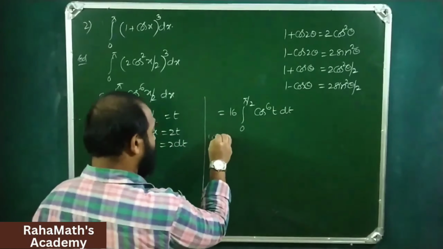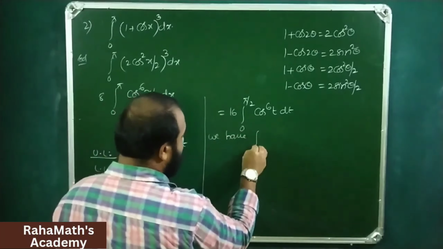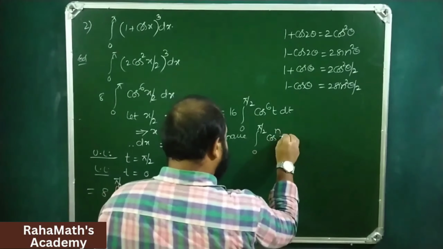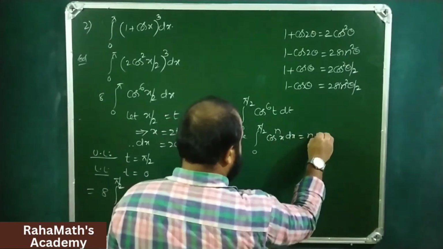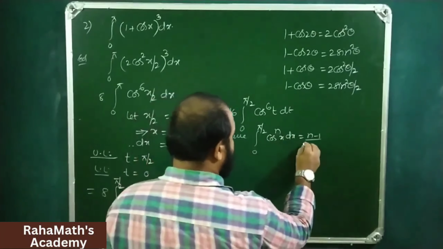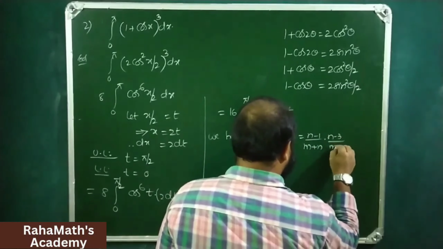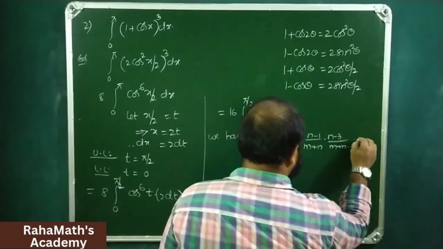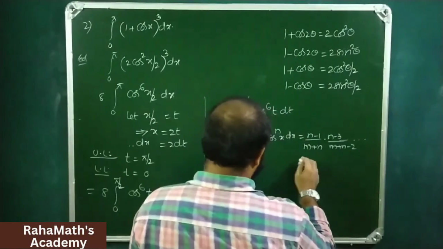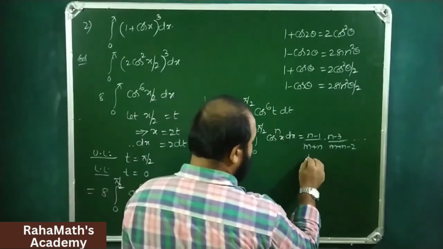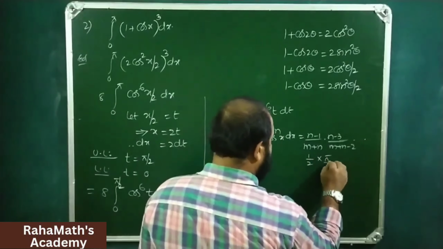So we have the formula: integral 0 to pi by 2 of cos power n x dx is (n minus 1) by (m plus n) into (n minus 3) by (m plus n minus 2), etc. Since n is even, 1 by 2 into pi by 2.